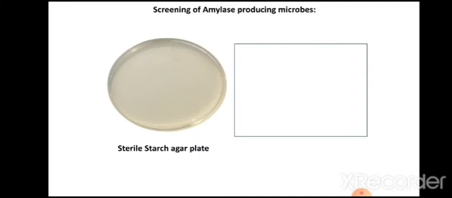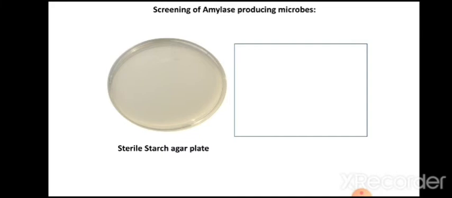Starch is a substrate for amylase enzyme, and as we are looking for amylase producers which produce it extracellularly, the medium is a substrate containing medium, so it is a sterile starch agar plate. Along with starch, it also contains a source of nitrogen and other growth factors required for the growth of microbes.